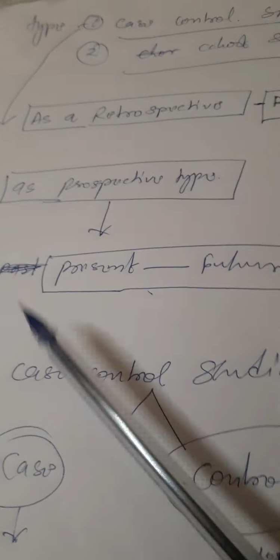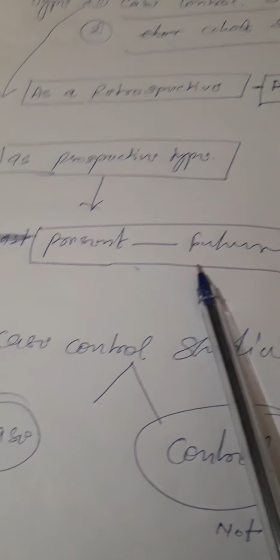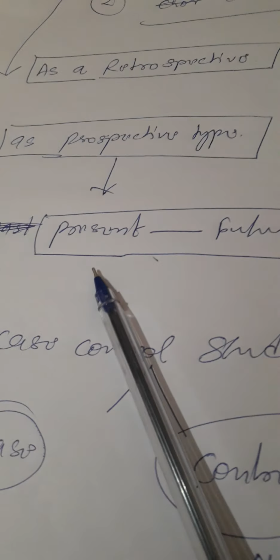In this situation, we take smoker patients and observe them together in the future, up to 4 or 5 years. If they develop lung cancer, then we can say yes, smoking causes lung cancer.